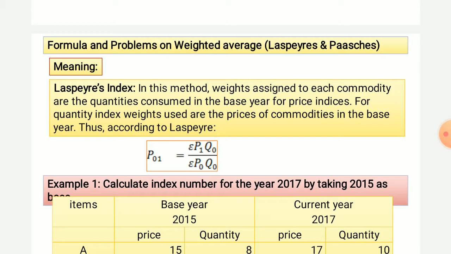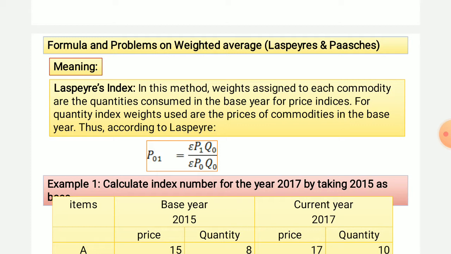Therefore, Laspeyre's as well as Paasche's method is one of the categories of the weighted index numbers, and these are the most important indices or index numbers, which are calculated for analyzing and forming the various policies by different departments, businessmen, and even the government.